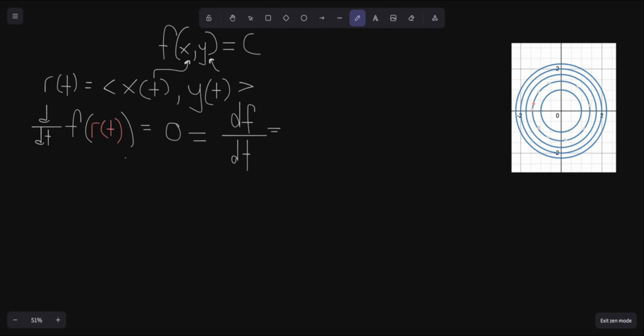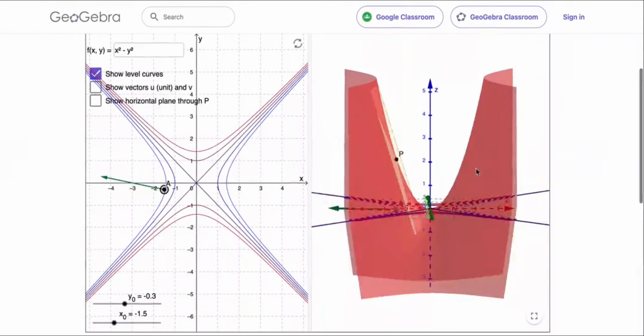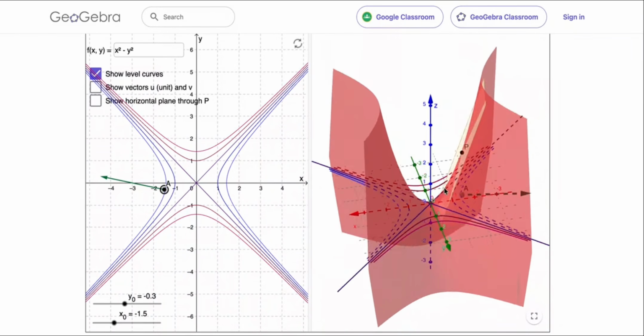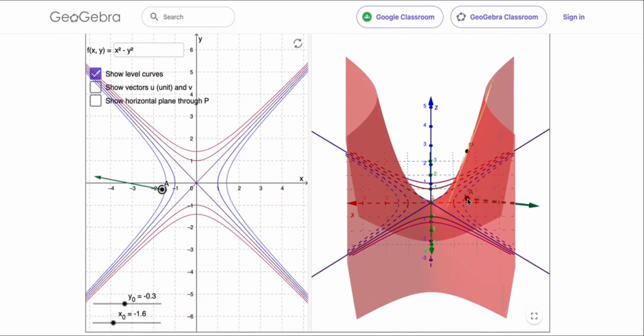Well, the rate of change of our function is going to depend on two factors in this case. If I consider a random curve, any surface, right? If I move a tiny bit in the x direction, that contributes to a change in the function height. But if I move a tiny change in the y direction, that also contributes to a change in the function height.